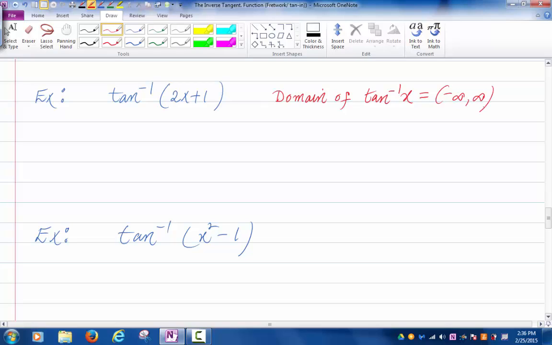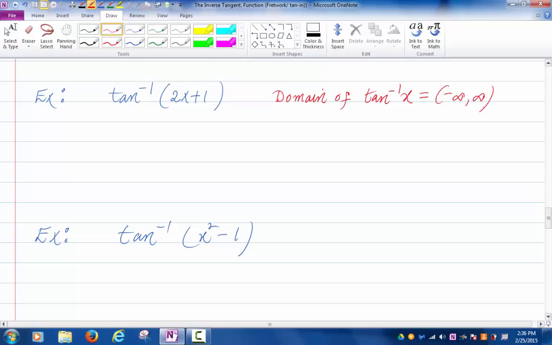Remember, the range of tangent is all real numbers, right? You remember the graph of tangent? It went from negative infinity to positive infinity. The range of tangent is all real numbers, so the domain of tangent inverse would be this. Question is, what's the domain of tangent inverse of 2x plus 1?